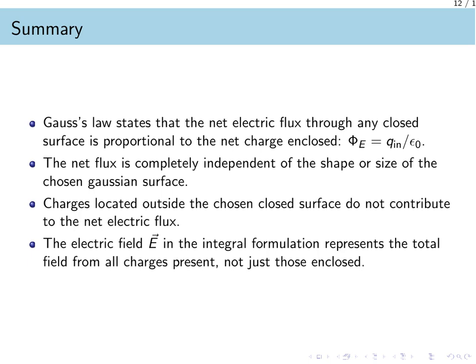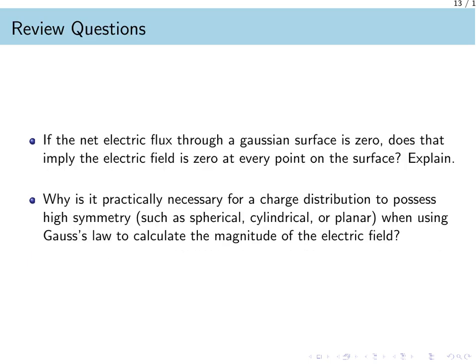Furthermore, any charges located outside the chosen closed boundary do not contribute at all to the net electric flux through it. Finally, it is critical to remember that the electric field vector in the integral formulation represents the total field created by all charges present in the environment, not just the field created by the isolated charges enclosed within the surface. Before we wrap up, let us consider 2 review questions to test your understanding.